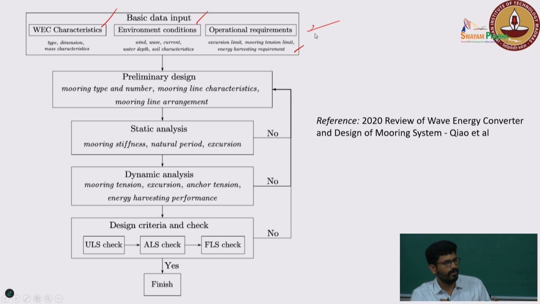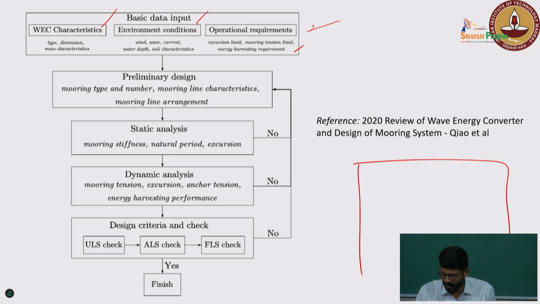Sometimes, for your drilling operations, you want a very small excursion, correct or not? Because you go exactly to the site and your floater is there. For example, if this is the site and this is the place where you want to drill, and you take your semi-submersible exactly to the top of that place where you want to create the well, then you have a restriction on how much this floater can move around, right?